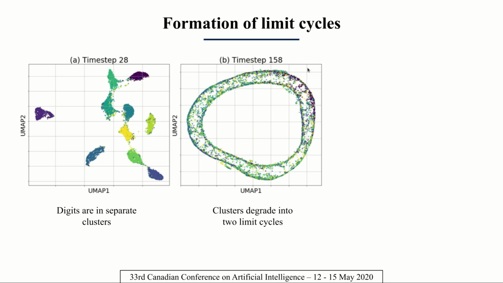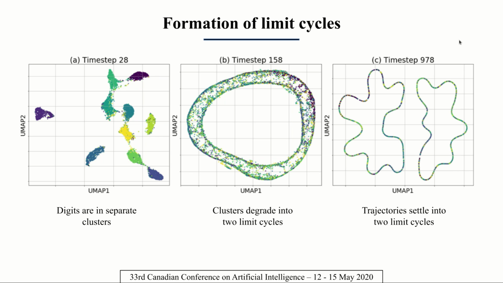However, as we let the dynamical system drift by adding blank lines at the end of the images, we can see the clusters degrade into 2 limit cycles, and after enough time passes, we can see that the limit cycles are clearly defined and that trajectories settle into those limit cycles. Meaning that we have been able to identify that the RNNs use 2 limit cycles in order to solve the classification problem presented to them.